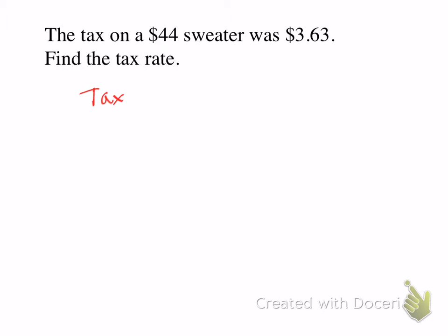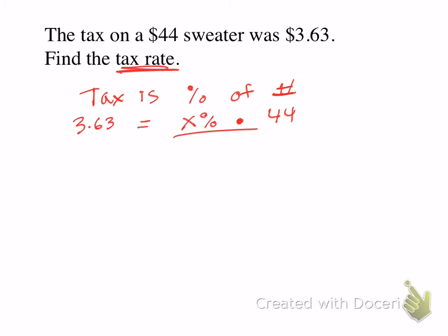So if tax is percent of a number, the tax here, they're telling us what it is. 3 63/100 is my equal sign. Do I know the percent? Do we know the percent? No, they want the tax rate. So we're going to call that X percent or N percent. Of means times. So the tax rate times what number? 44. So now I divide by 44, and that's how I figure out my percent.